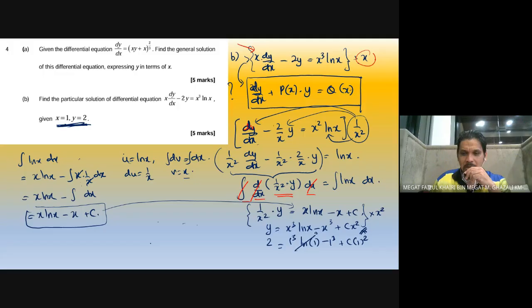This is 0, negative 1 cubed, 1 cubed is 1, so negative 1 plus c equals 2, so c equals 3. So finally, y equals x cubed natural log of x minus x cubed plus 3x squared. There you go. c equals 3. Okay, number 4.